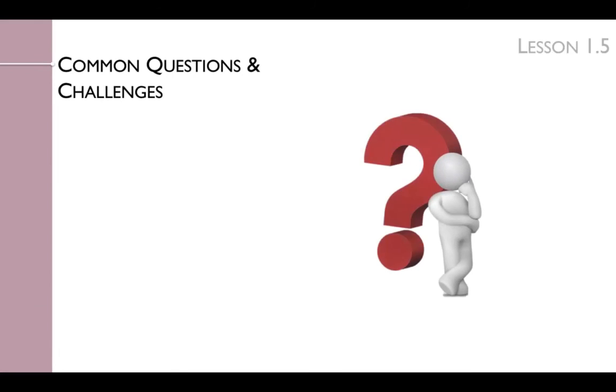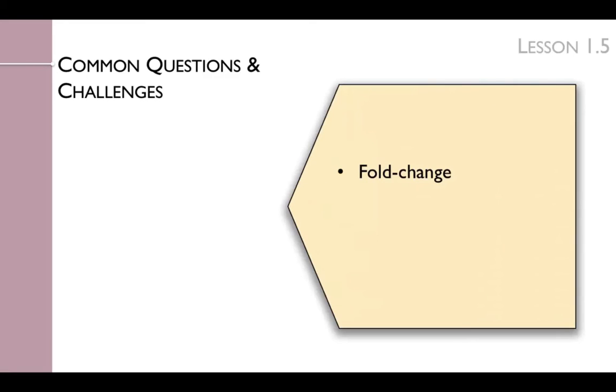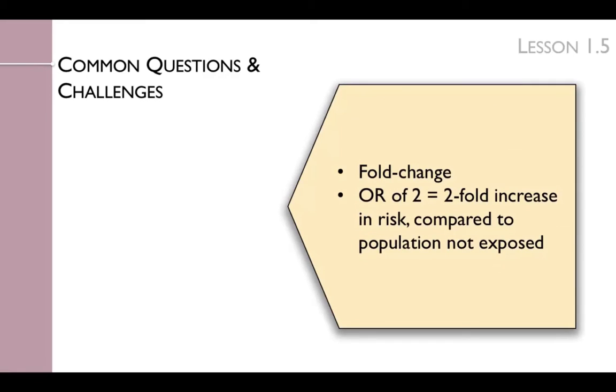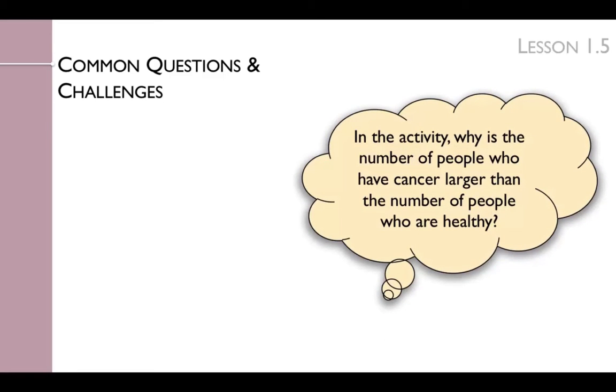One of the most common questions students ask is how to interpret an odds ratio that is greater than 1. The key is fold change. For example, an odds ratio of 2 means a twofold increase in risk compared to the population that was not exposed. Another question students ask is, in the activity, why is the number of people who have cancer larger than the number of people who are healthy?